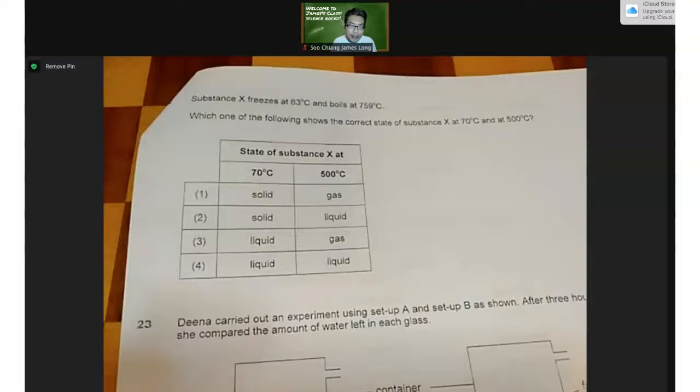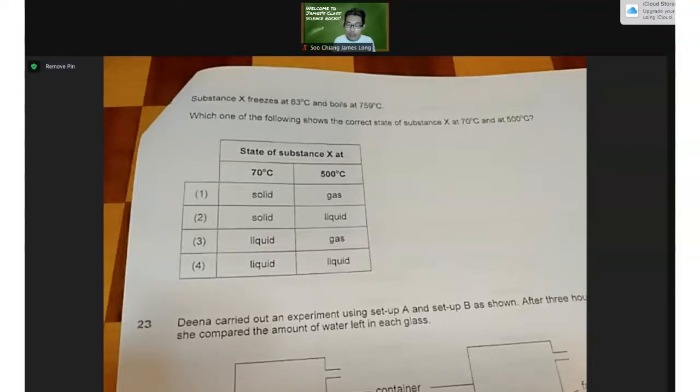Question 22 is this. Now before we go on, do you observe something? This kind of question about melting point, freezing point, finding the state of the substances, do you see a certain repetition, a certain similarity? If you do, that is because it is true. This kind of question basically looks like that.